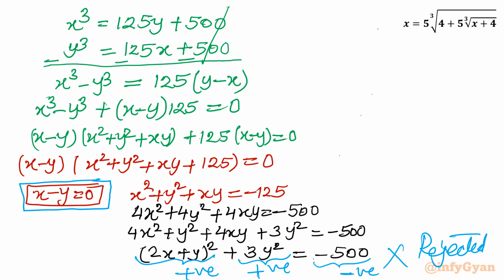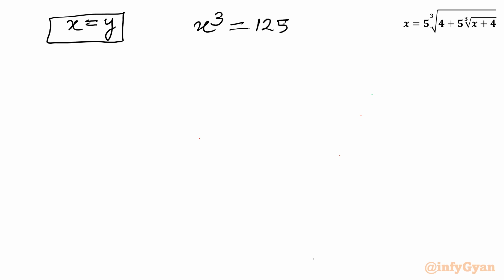So let us frame one final equation with the x equal to y condition. I will write x equal to y, and our equation was x cube equal to 125y plus 500. Now let's put this value x is equal to y.